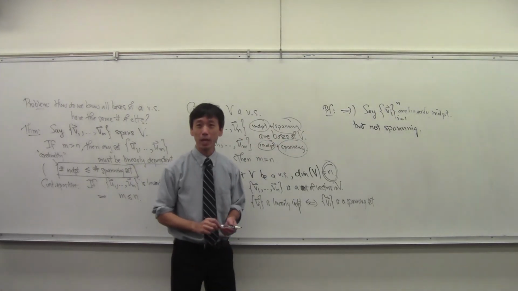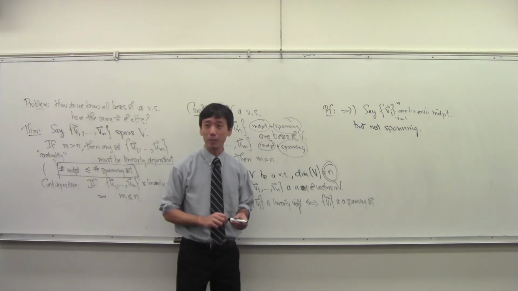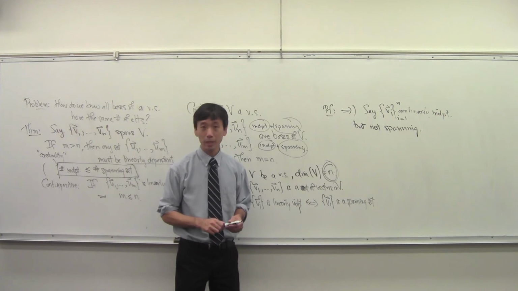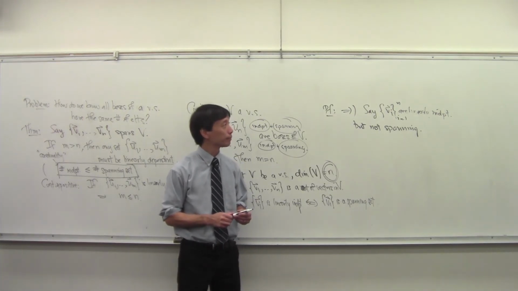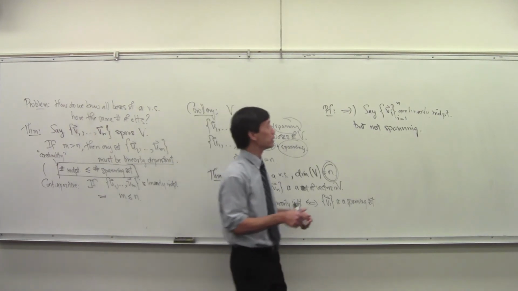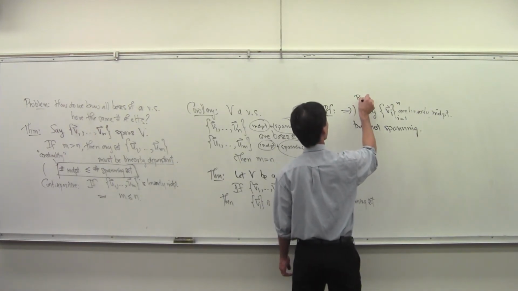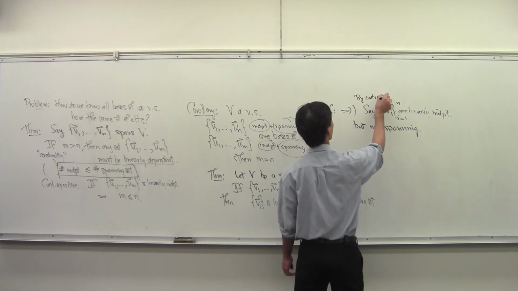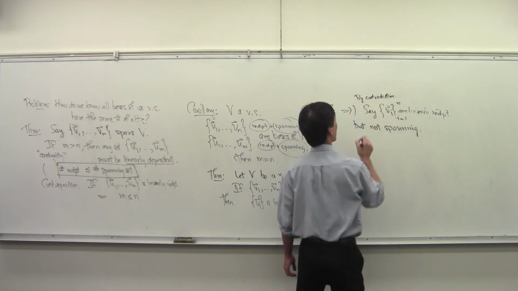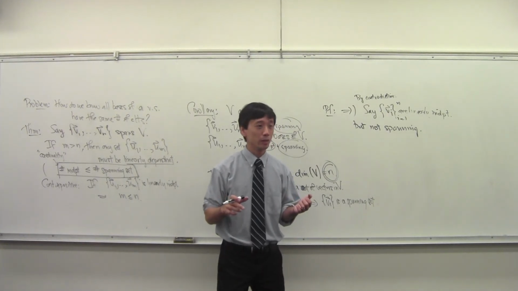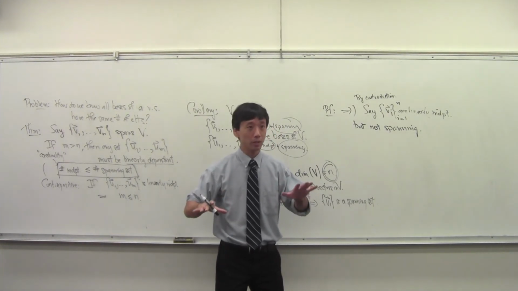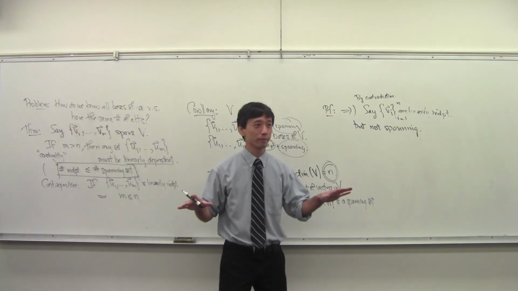Suppose they're not spanning, then what would happen? Why does that lead to a contradiction? This is a proof by contradiction. Suppose you have a linearly independent set and they're not spanning. In other words, their span doesn't cover the whole vector space.